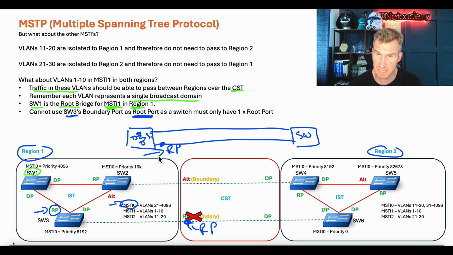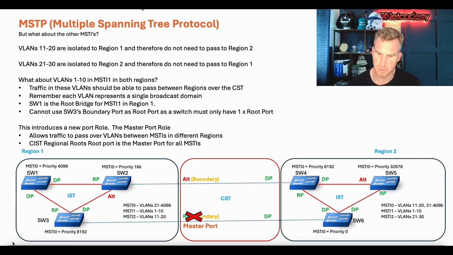for another instance. And because of that, there's now a new term called master port. So now, instead of using this interface here as a root port for the CST, for all other instances that are not MSTI 0, the IST, it's going to be a master port. This basically allows traffic to pass for all other different instances between the different regions.